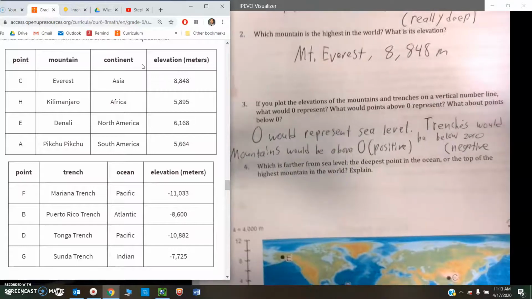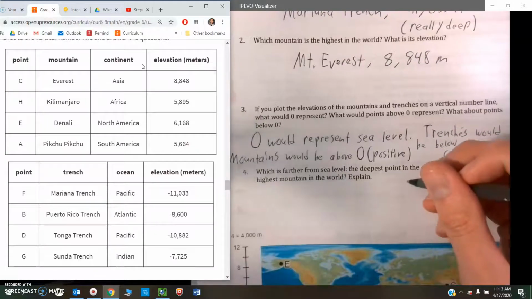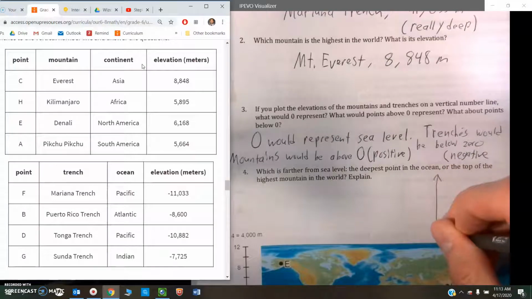So which is farther from sea level, the deepest point in the ocean or the top of the highest mountain in the world? So, once again, let's draw just a little baby number line.